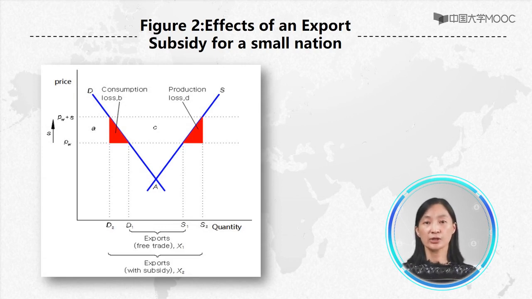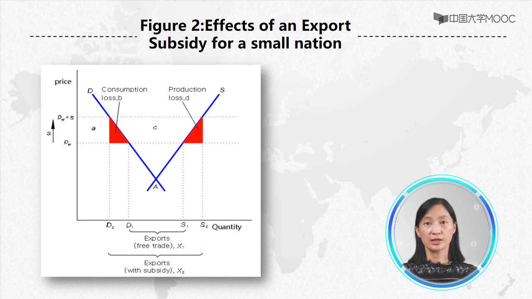The no-trade equilibrium is at point A. With free trade, home faces the world price of sugar PW. The quantity supplied in home at that price is S1, and the quantity demanded is D1 tons of sugar. Because quantity demanded is less than quantity supplied, the home country exports X1, equal to S1 minus D1 tons, under free trade.